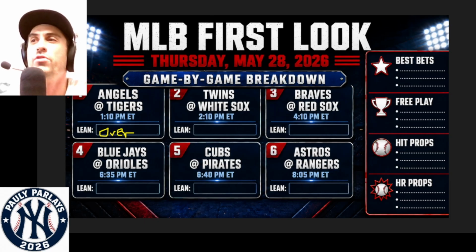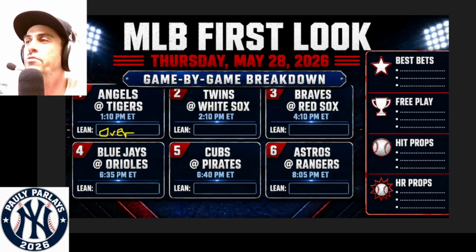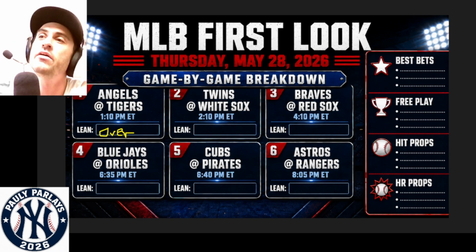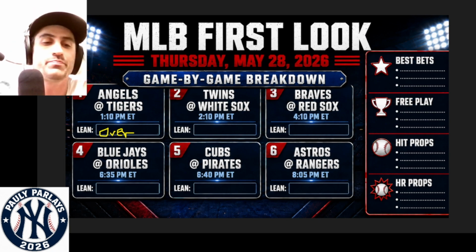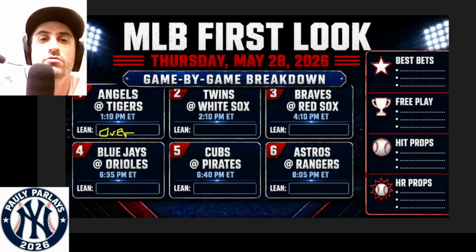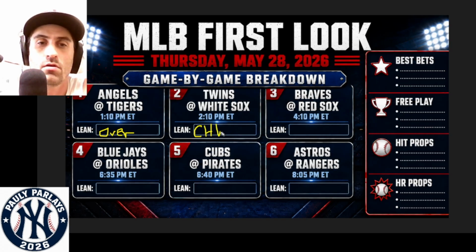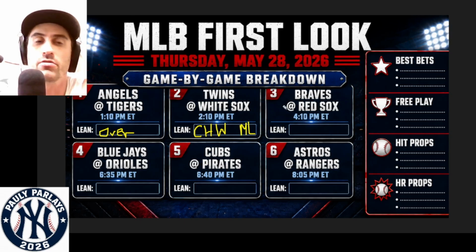So we're not forcing a cold home run prop here, but I do like Luis Robert Jr. for a home run prop, but also a White Sox money line. I don't mind the White Sox, Chicago. White Sox ML for tomorrow.